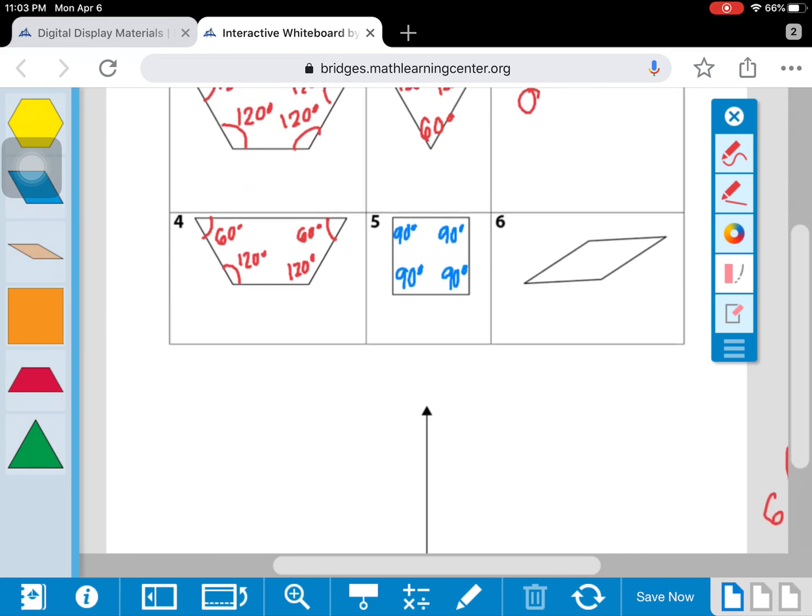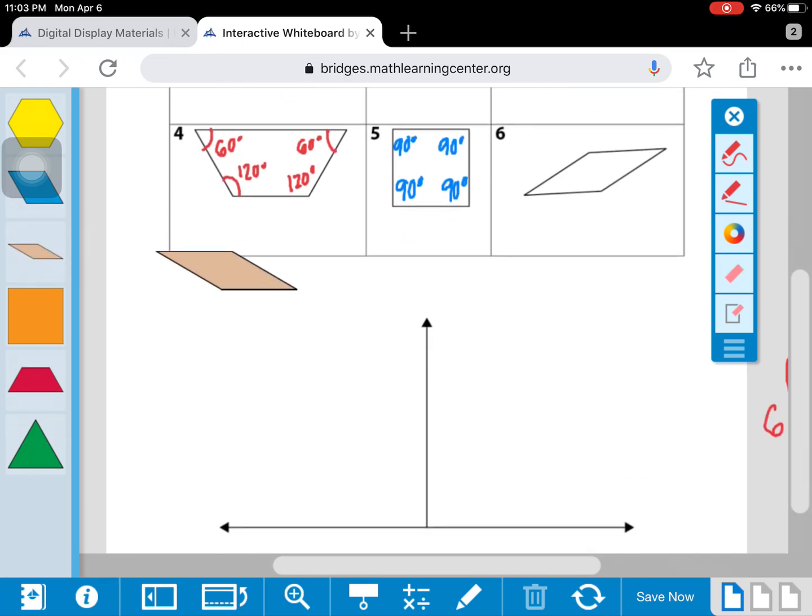So what I'm gonna do is I'm gonna come down here and bring over my small rhombus, and I am going to line up the corner right there where the corner would be to see if it's a right angle, and I can tell already that it's overlapping a little bit with a right angle. So I'm gonna put a square in there because I know a square makes a perfect right angle, but I can tell that I have a little bit of extra space I need to fill over there.